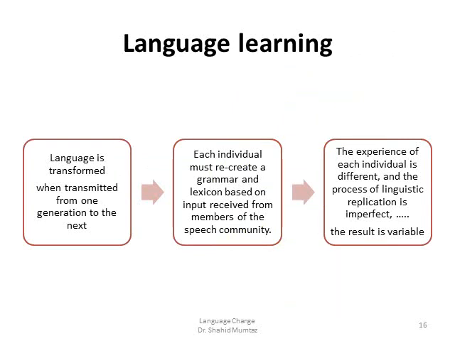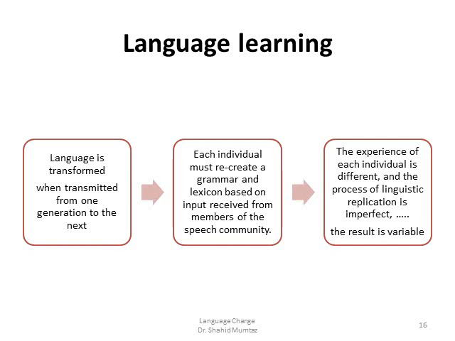Language is transformed as it is transmitted from one generation to the next. Each individual must recreate a grammar and lexicon based on input received from parents, older siblings, and other members of the speech community.